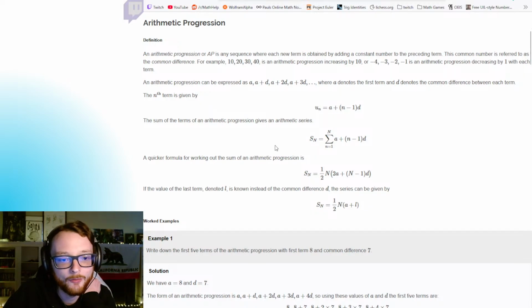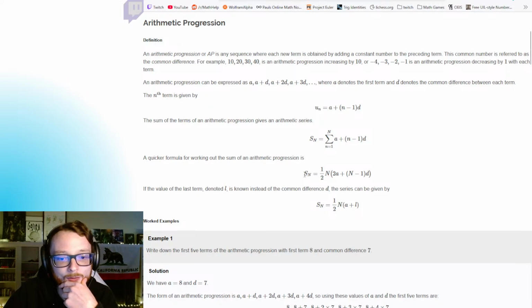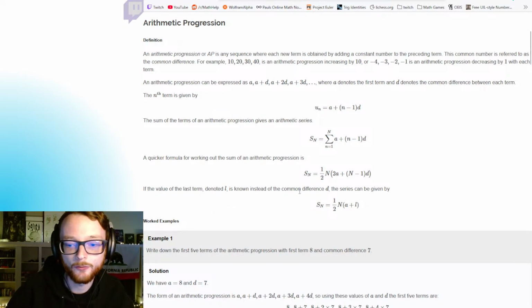So what I'm noticing is that this is basically the sum of an arithmetic series. I don't know how you pronounce it, to be honest, but the point is this formula here matches the exact thing we have in the problem. But conveniently, there's a formula for that sum. So let me bring this in.